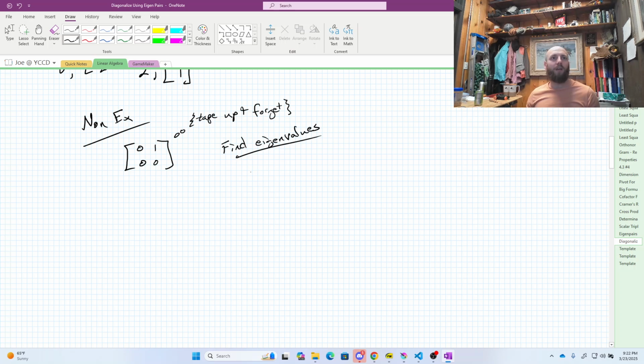Okay, so to find the eigenvalues, I'm looking at the matrix here minus lambda I. So that's going to be negative lambda, 1, 0, negative lambda. Then I'm going to calculate the determinant of that. And so I'm going to get lambda squared minus 0. That's just lambda squared. So the solutions to setting this determinant equal to 0 are lambda is 0 and lambda is 0.